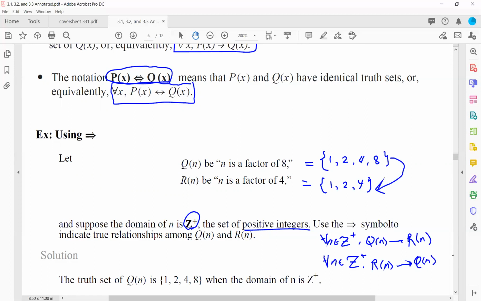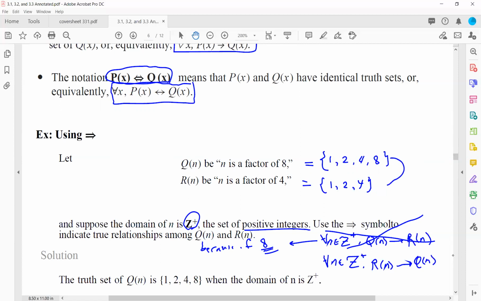So suppose I take 8 as a random element in the truth set of Qn. As you can see, 8 is not in the truth set of Rn. So this cannot be true because of 8. But its inverse is correct.